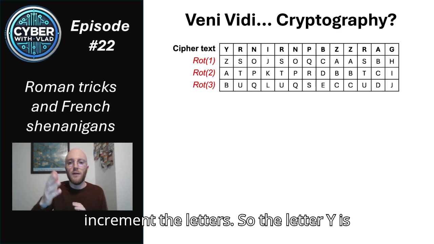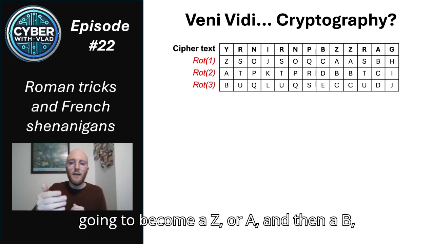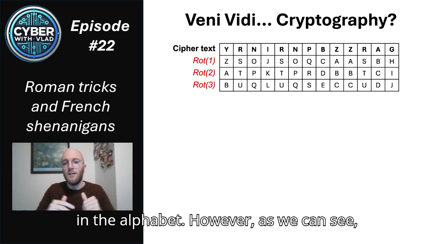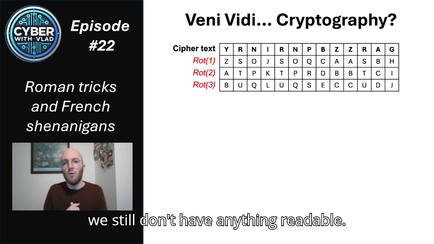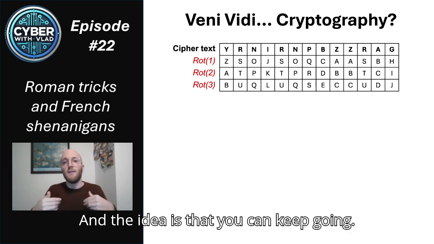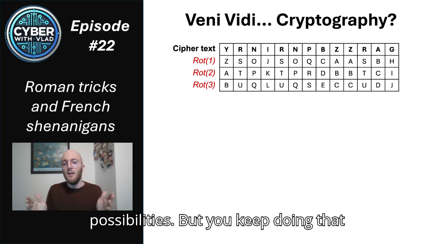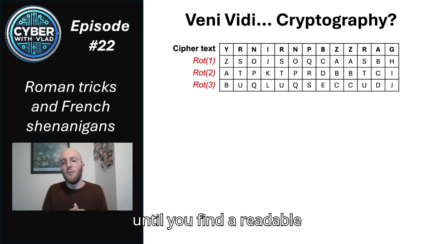So the letter Y becomes Z or A and then B, etc. Here we have rotated 3 times in the alphabet. However, we still don't have anything readable. You can keep going. After all, there are only 26 different possibilities, but you keep doing that until you find a readable message.